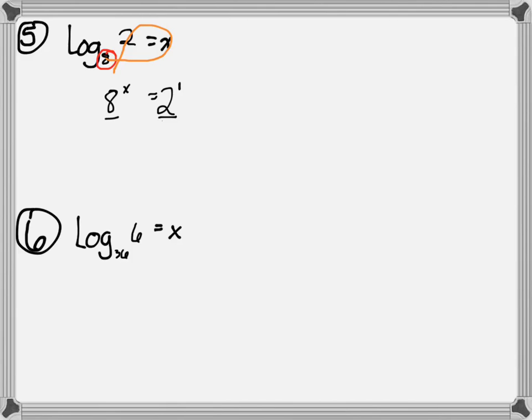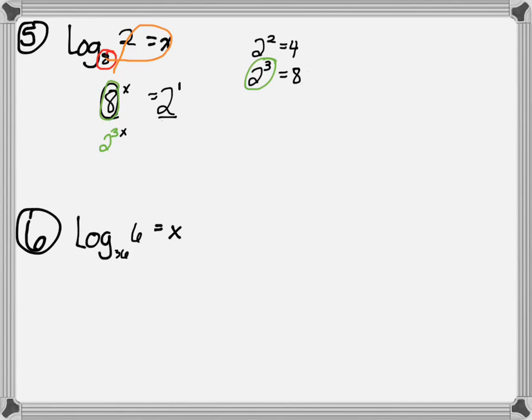So this is 2 to the first. Can we get 8 into 2 to some power? So 2 squared is 4. 2 cubed is 8. So I am going to convert 8 into 2 cubed. So this is 2 cubed to the x power.